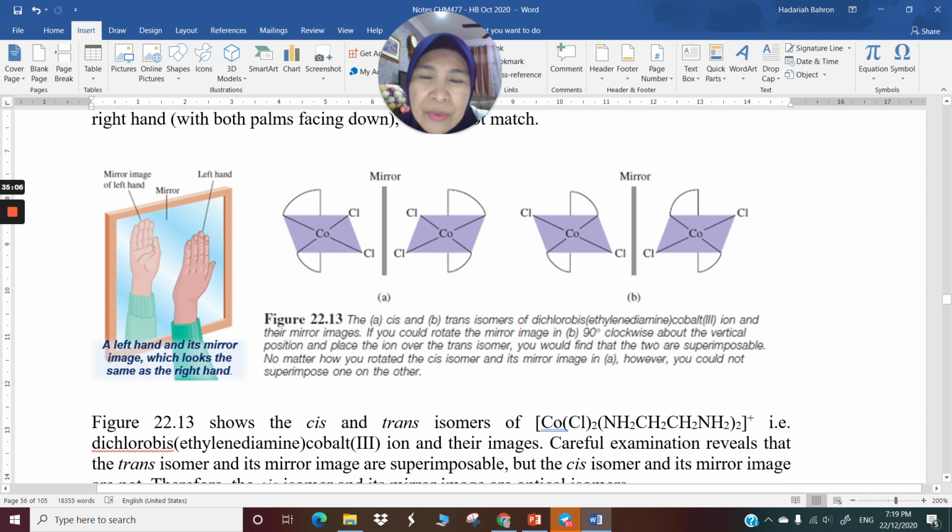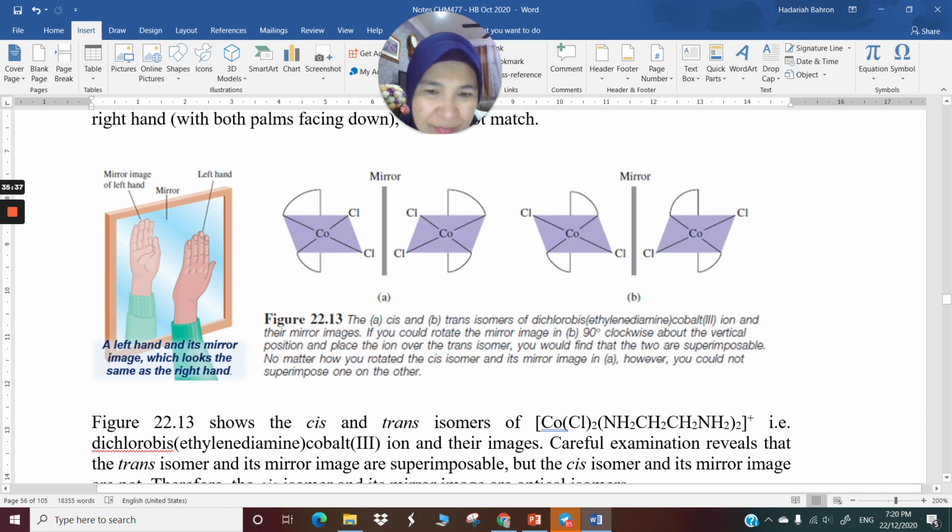Now, if you could rotate the mirror image in B, which is this one here, 90 degrees clockwise about the vertical position, this is when I really wish I could be in front of you. If you could rotate about this vertical position, you are going to have this chloro going there and this chloro going here.